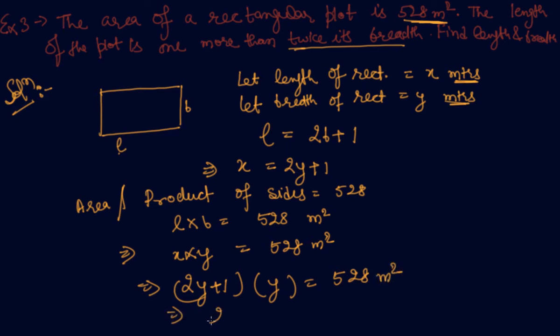So here it comes out to be 2y square plus y minus 528 equals 0. So this is a quadratic equation. Okay, and we will check how to find the roots of a quadratic equation in our next videos. So stay tuned for our next video where I will tell you how to find the value of y. Once you get the value of y, you can also find the value of x.